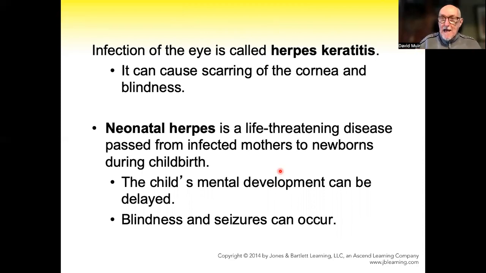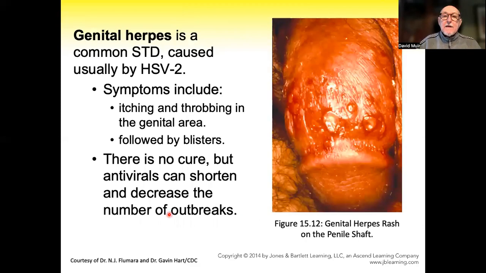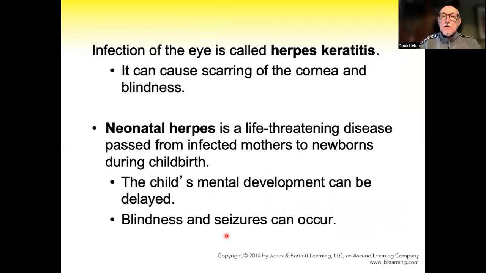And precautions can be taken. There are in fact some antivirals, which are not a cure, but will shorten an episode and can also be taken prophylactically. So a mother-to-be who has had previous infection can be put onto one of these antivirals to see her through the birth, to ensure that she doesn't transmit it to her baby.